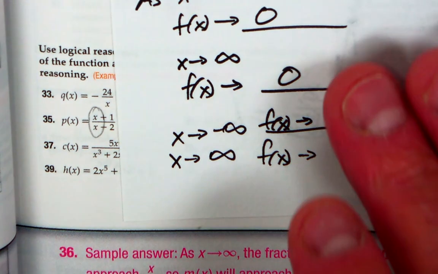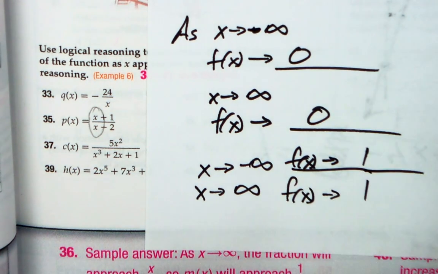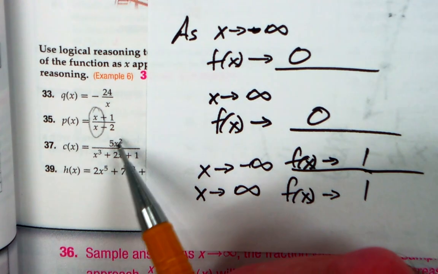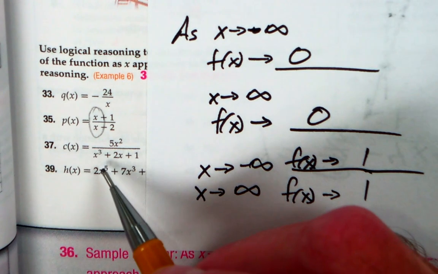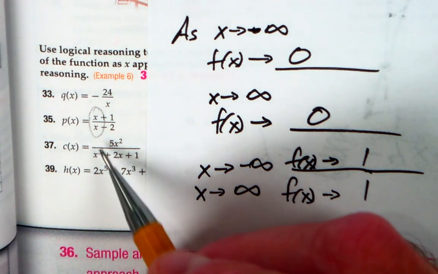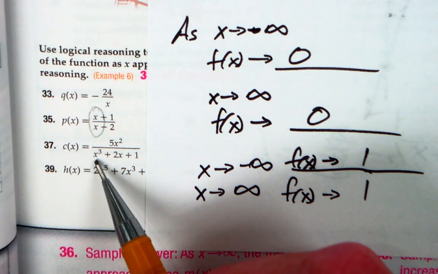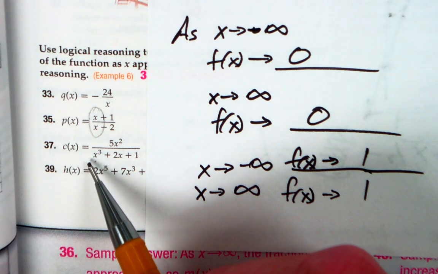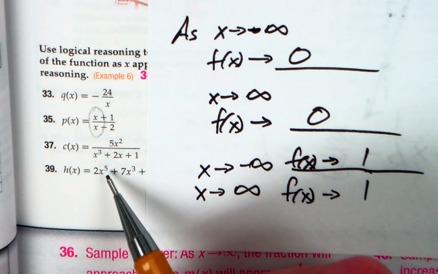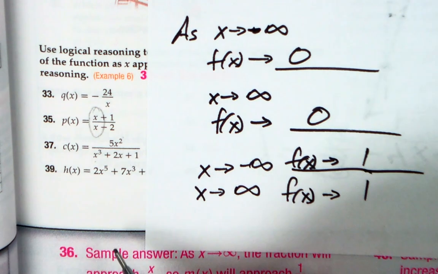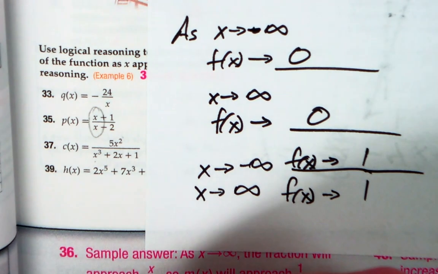Now if we take a look at 37, there's a huge battle going on here. If I plug in 10, the top is going to give me like 500, but the bottom is going to give me like 1,000 something. Who's going to win this battle, the top or the bottom? The bottom's going to win something fierce.